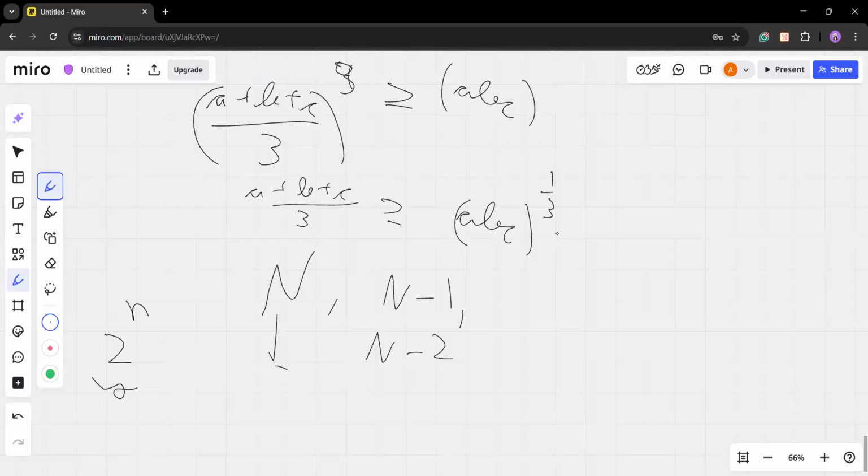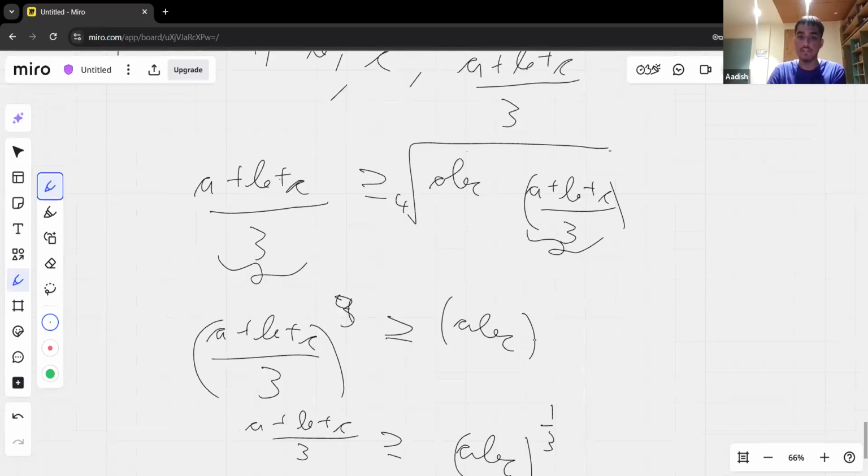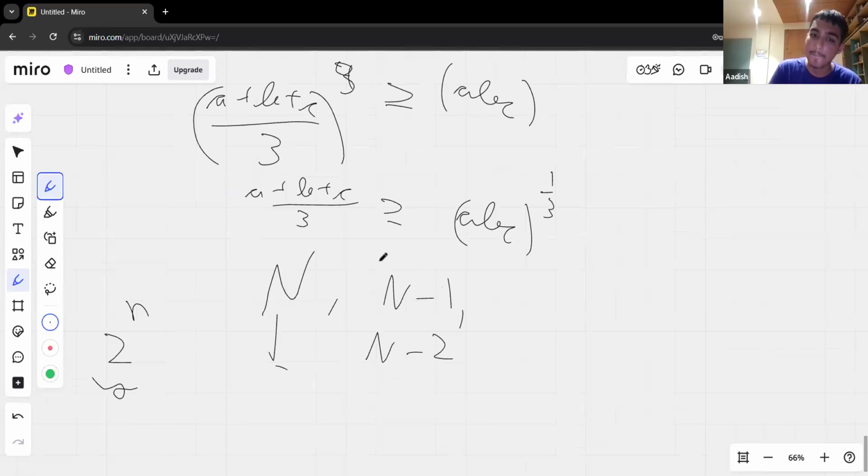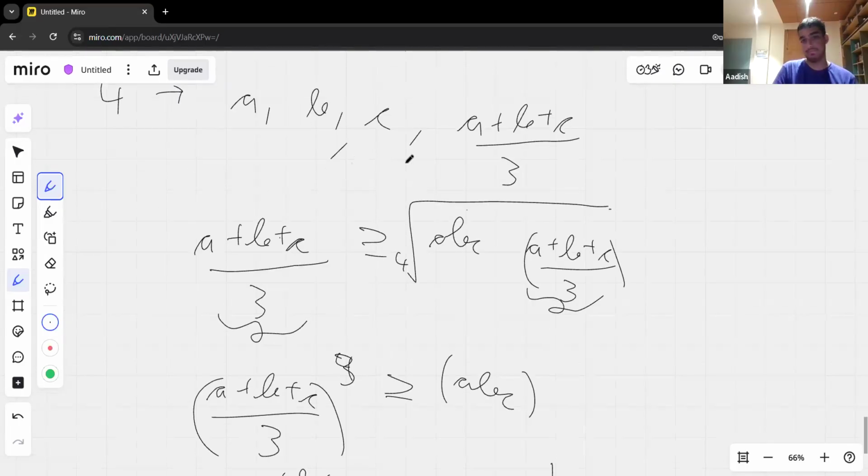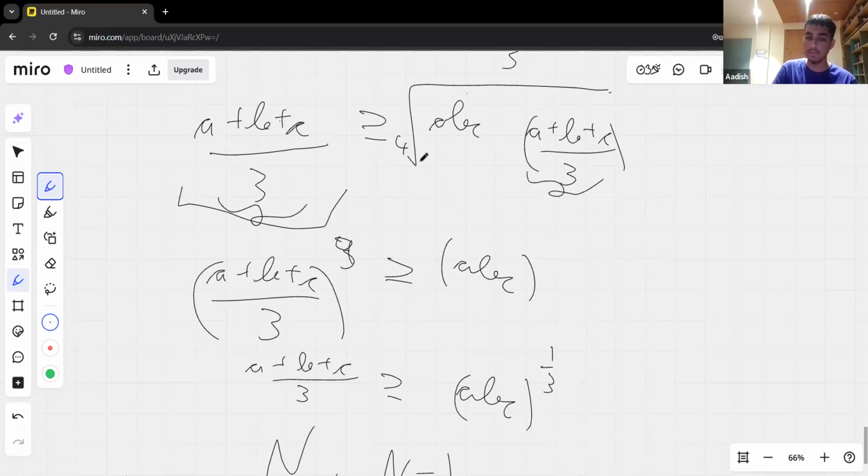But by the way, is everyone clear how putting this gives you AMGM for 3 variables? This is literally Cauchy induction. When you put it, you get (a plus b plus c plus (a plus b plus c) by 3) whole divided by 4, which is greater than or equal to the fourth root of the product.